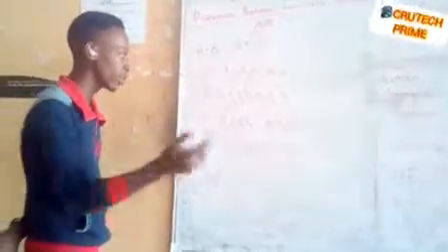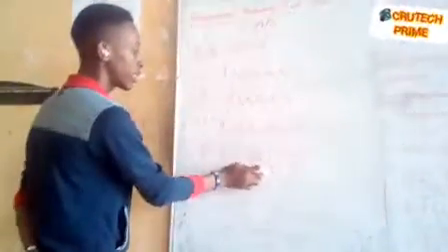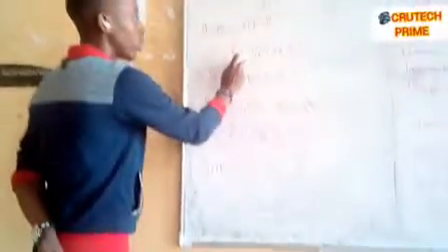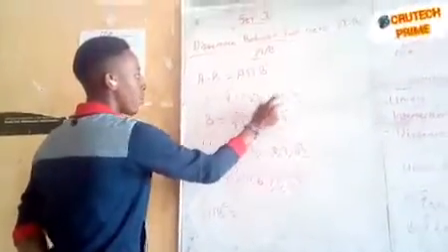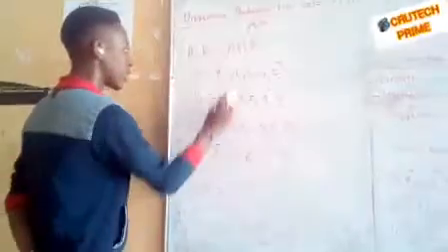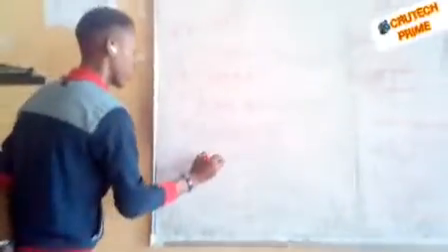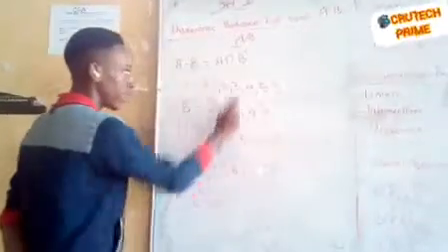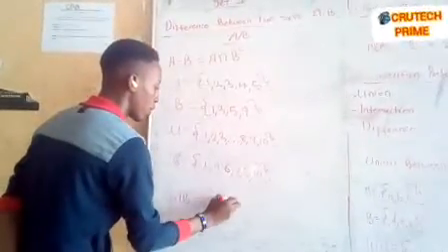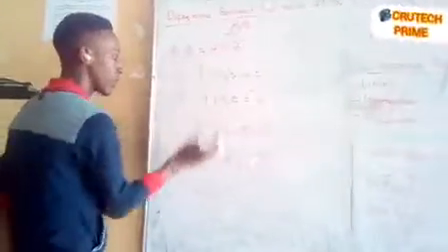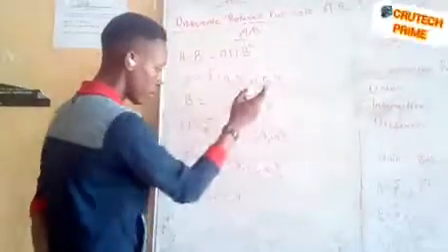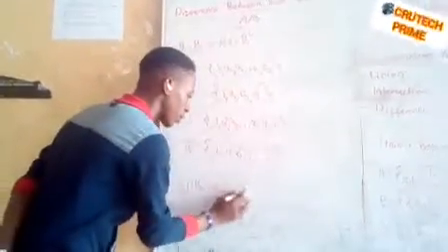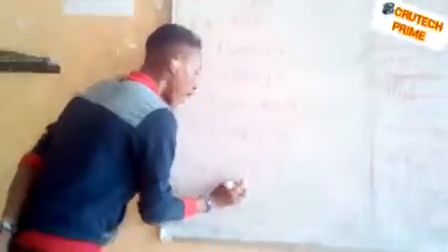We have 2, 4, 6, 7, 8, 10, and then 1, 2, 3, 4, 5. What is common? 2 is here, 2 is there, so we have 2. 4 is here, 4 is there, so we have 4. We just have two elements, 2 and 4.